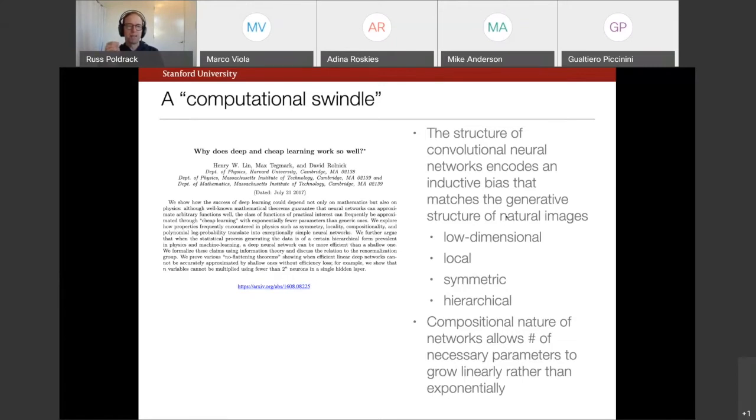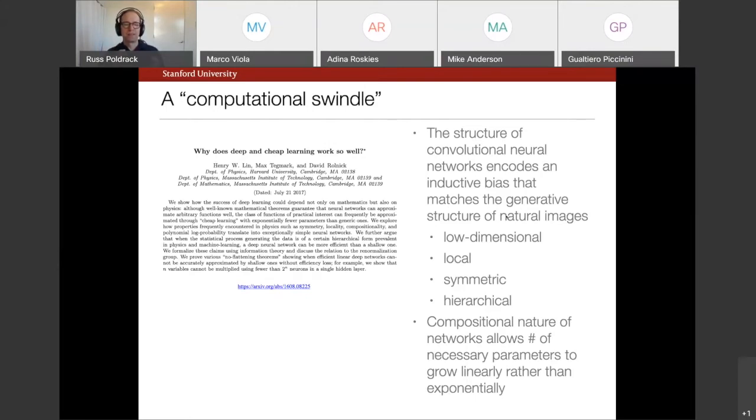By cheap, they mean relatively small numbers of parameters compared to the exponential number of possible inputs. And the argument, in the particular case of these convolutional neural networks for visual object recognition, is that the structure of those networks encodes an inductive bias, right?